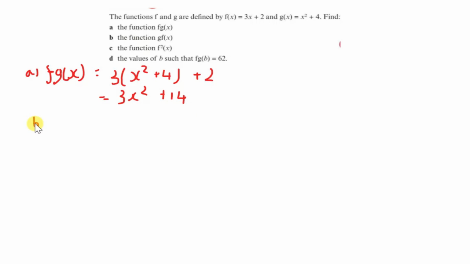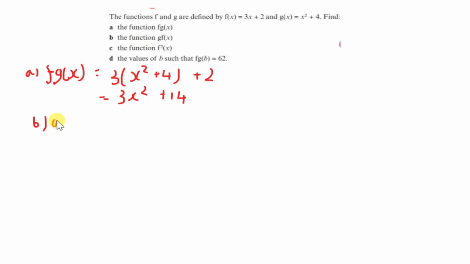As for part B, we now have to do it the other way around. So gf of x does not necessarily mean fg of x. So in this case, we apply the f first, which we've got as 3x plus 2, and then we apply that to the g. So wherever there's an x in g, we replace it with the function of f. So g is x squared plus 4, so we're going to replace that x squared with 3x plus 2, and because it's squared, we're going to square it.